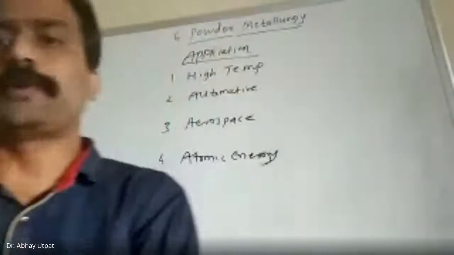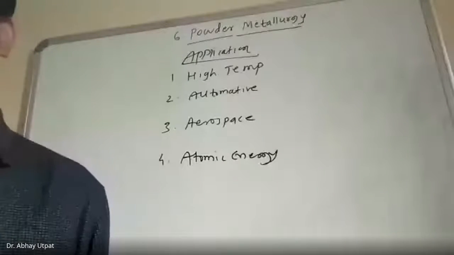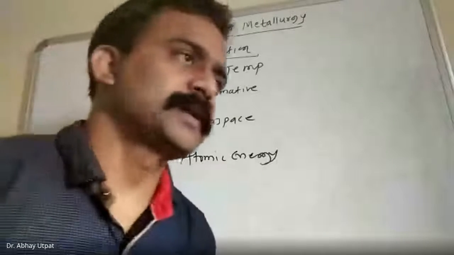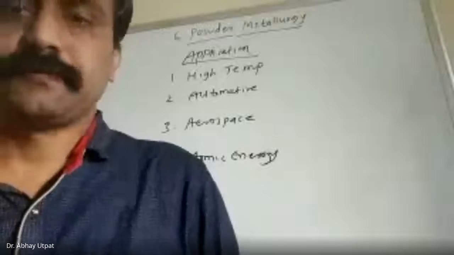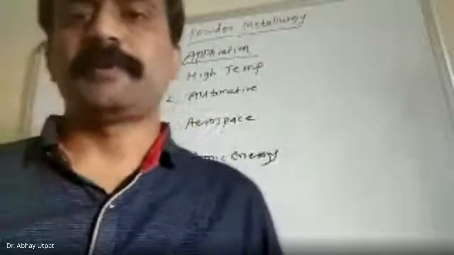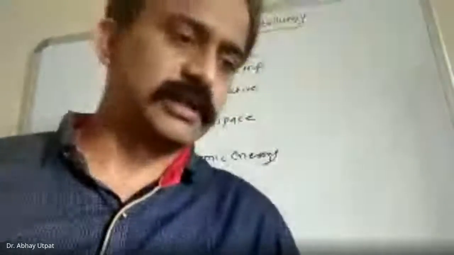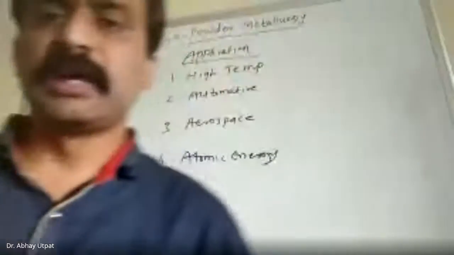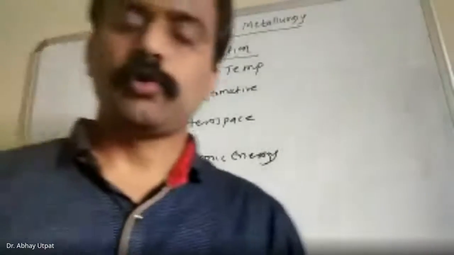Next, fourth, atomic energy. Next line: beryllium and zirconium powders are used for manufacturing control rods in nuclear reactors.